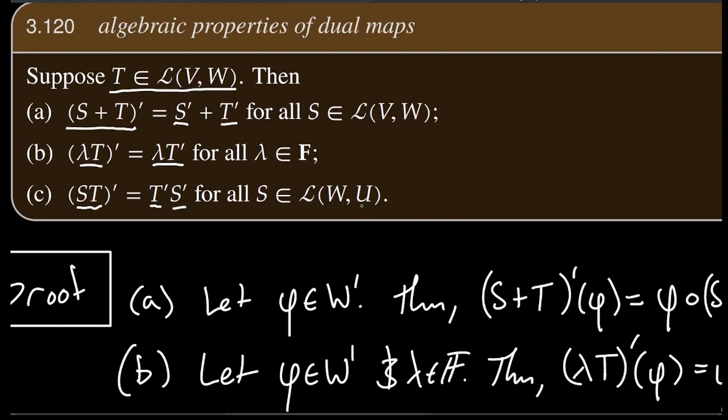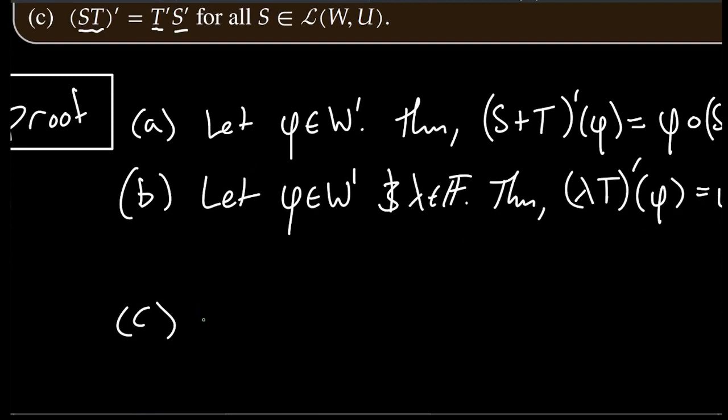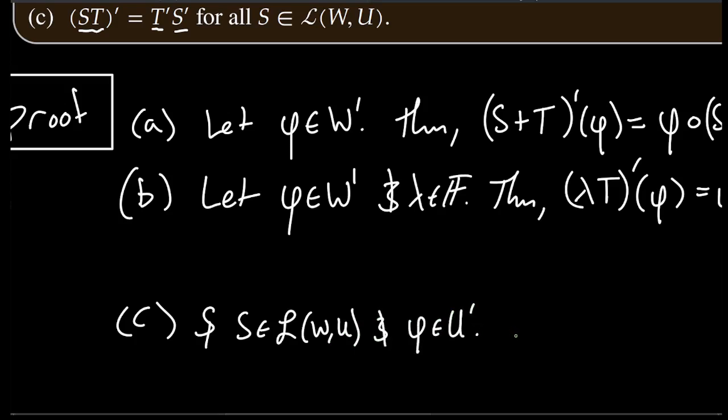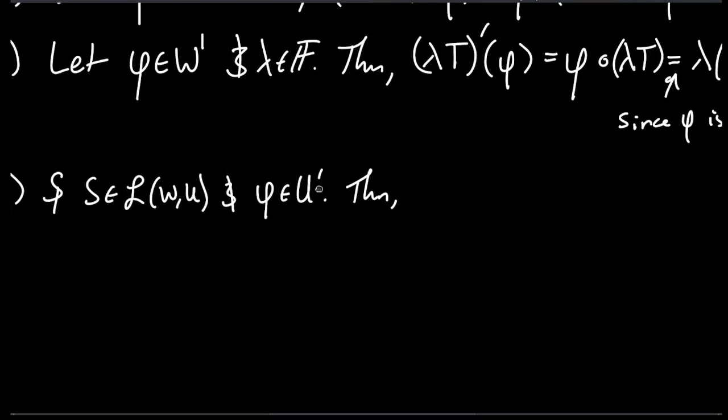Now, to be clear, we're using potentially a different space there, so we should be a little bit careful here. Suppose S is in L(W, U). And let's take some phi now in U prime. Then we'll just do the same type of calculation.